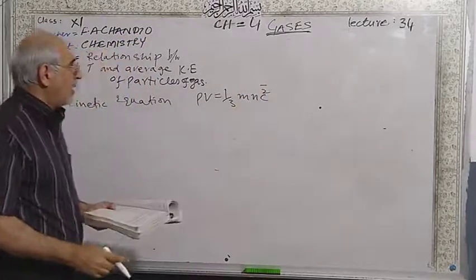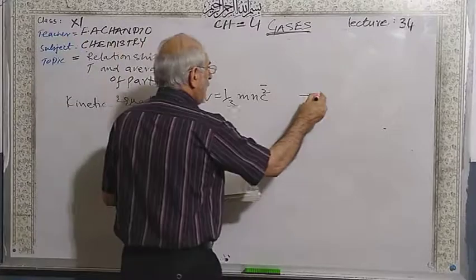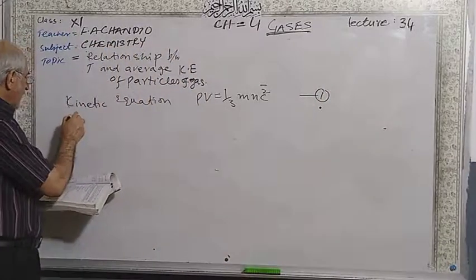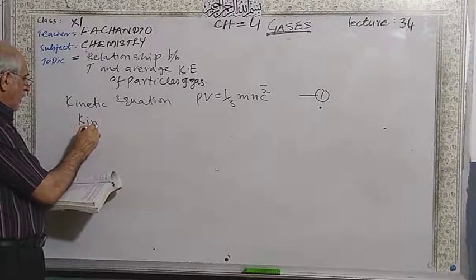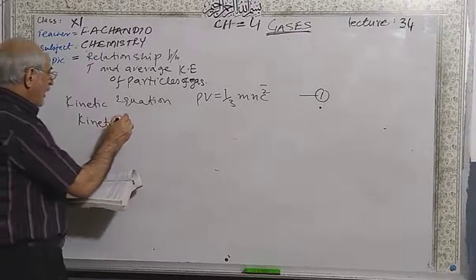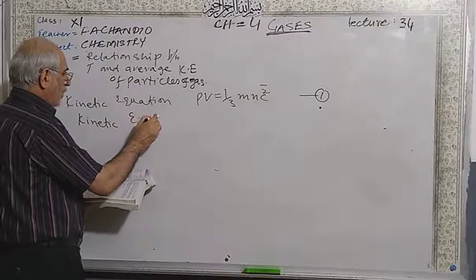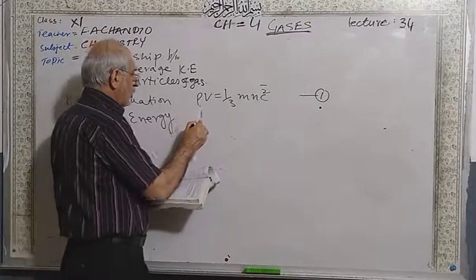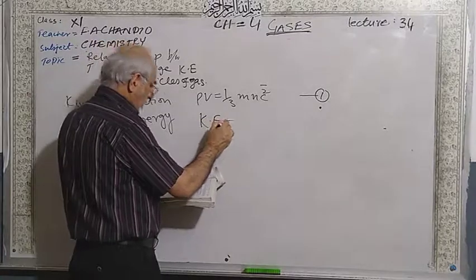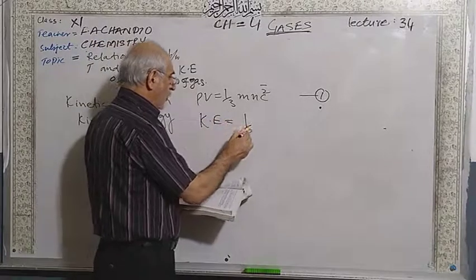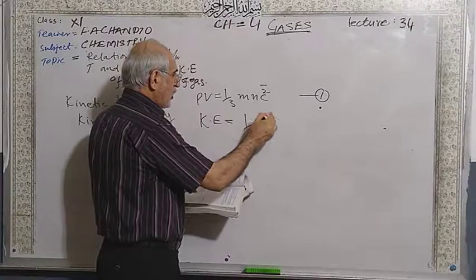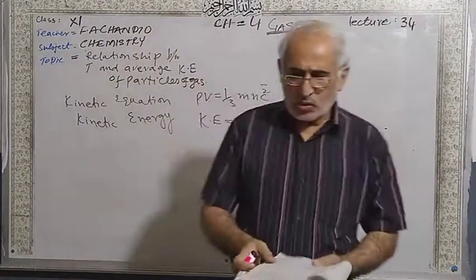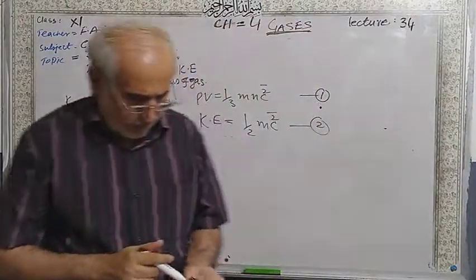This is called the kinetic equation. And there is another equation that is called the kinetic energy equation. So kinetic energy is equal to half m c square bar.